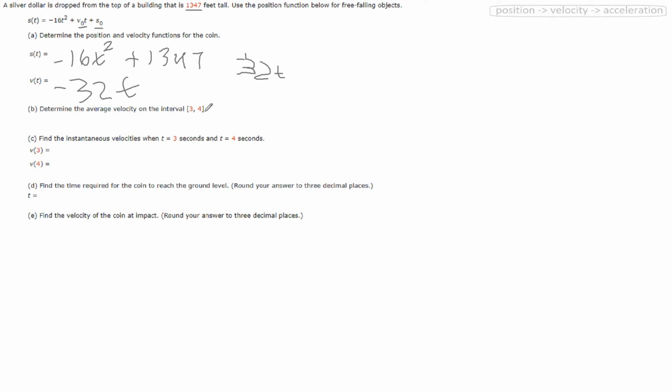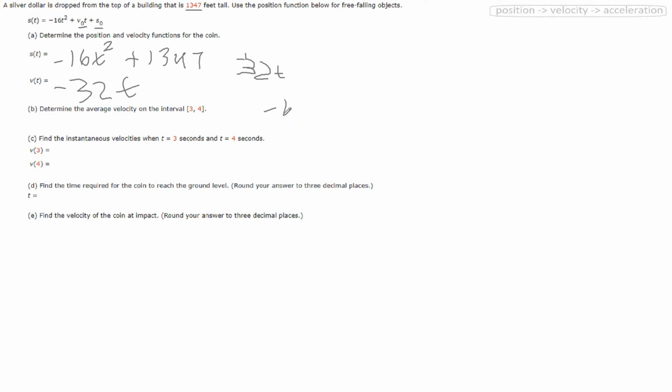We do this by plugging these two into the position function.